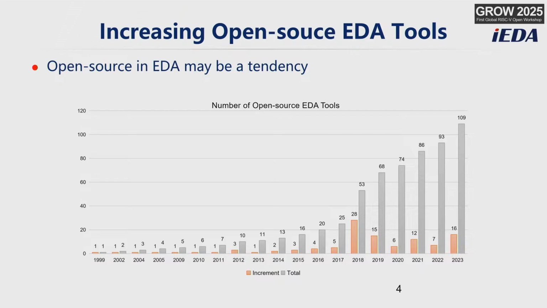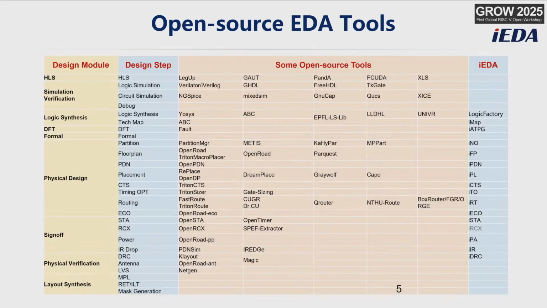In recent years, there is a trend with the increasing number of open source EDA tools. This reflects a shift in the industry, with researchers, developers and organizations also recognizing the benefits of collaboration and community-driven innovation.